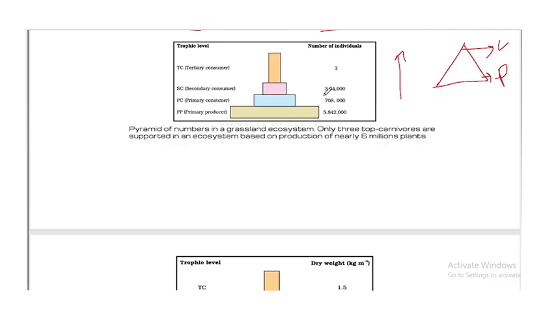The producers are a very huge number and it drastically decreases when we move to the primary consumers. Then the number further declines when we move to the secondary consumers, and it becomes a very small number when it comes to the top level carnivores, the top trophic level.